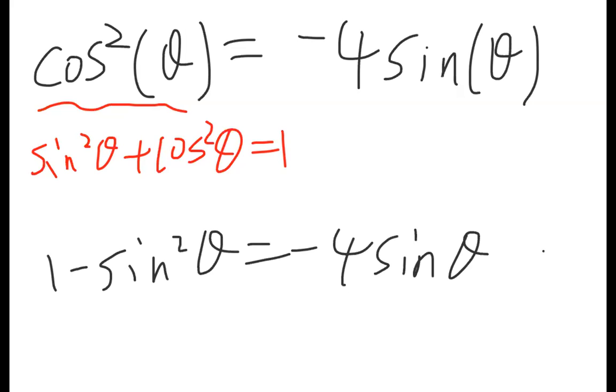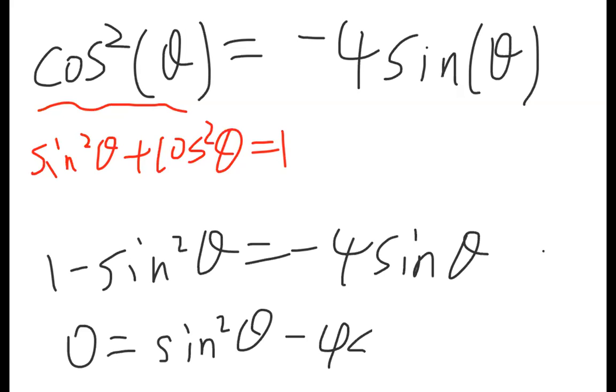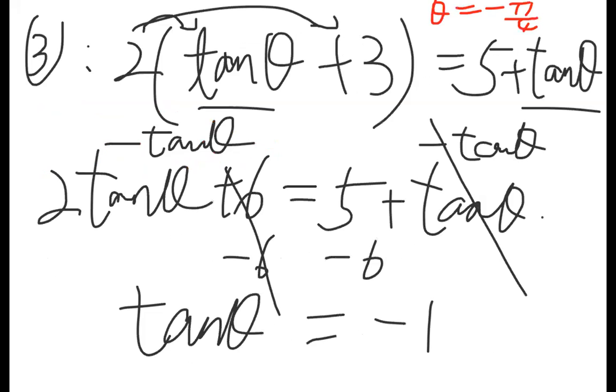Move everything to one side of the equation, it becomes 0 equals sine square theta minus 4 sine theta minus 1. Okay, so this is similar to what we did before. You just replace the sine theta with a variable, let's say u.